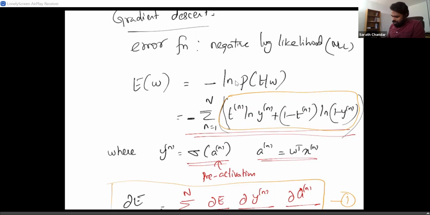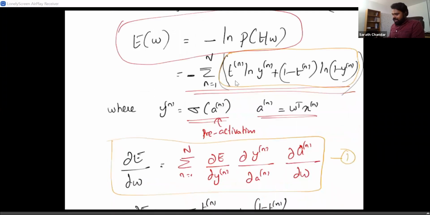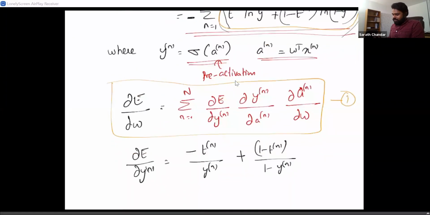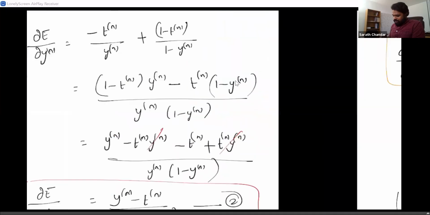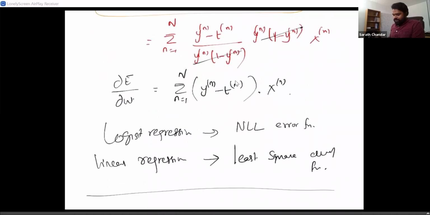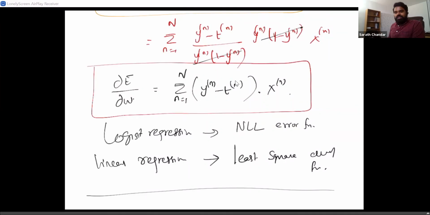That is what this term is. To compute this gradient we used the chain rule, because it's a function of a function of a function, and finally arrived at a gradient equation like this.